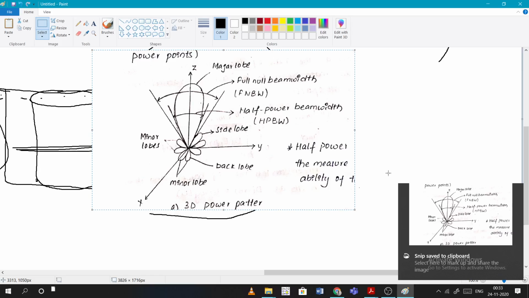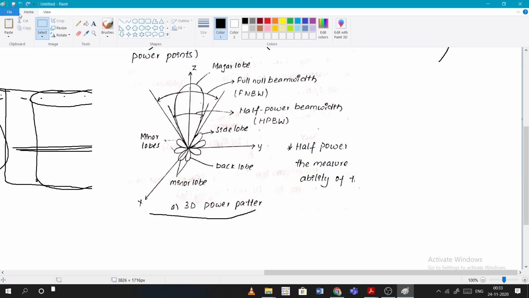In this diagram you can see this is the main lobe. See how wide this main lobe is; this is called the half power beam width. Beam width is in terms of angle only, in degrees. It's the angle made by these red lines.